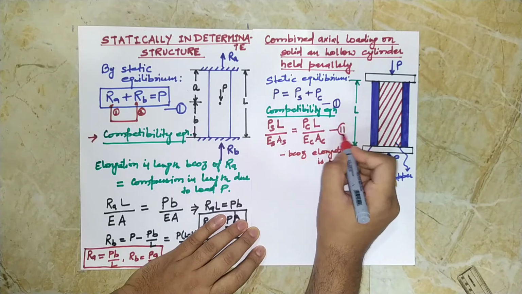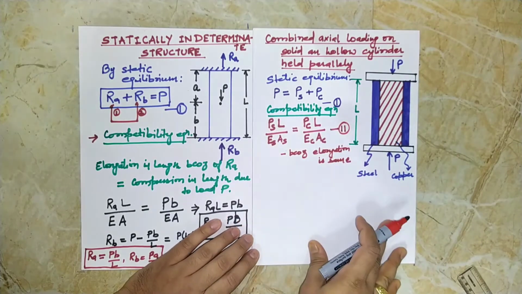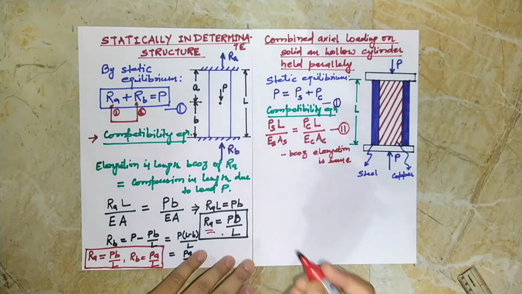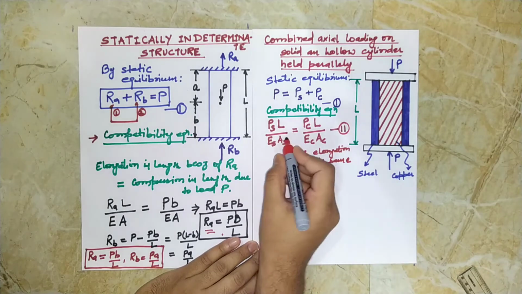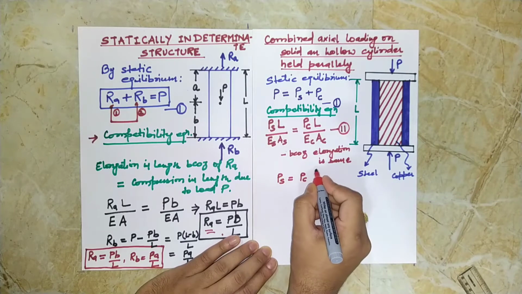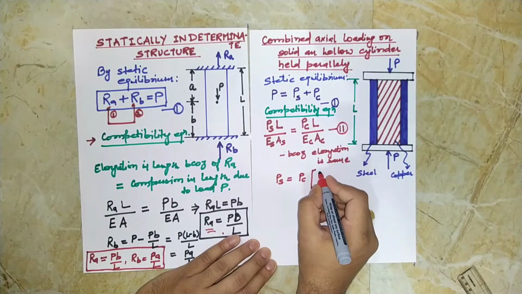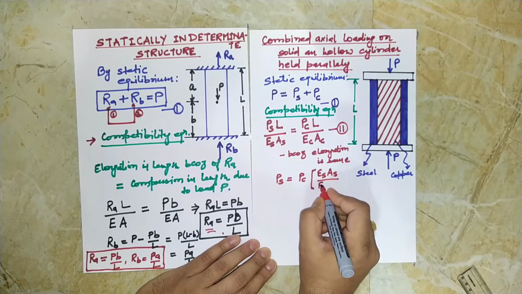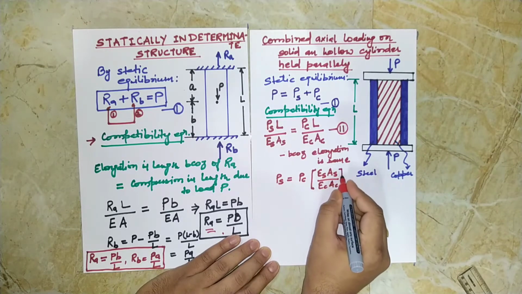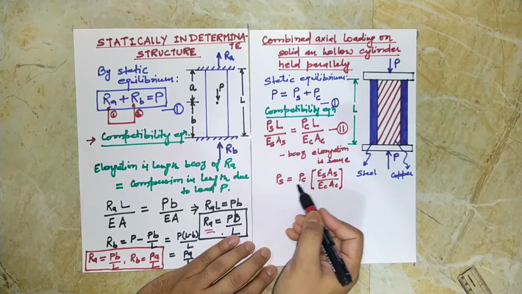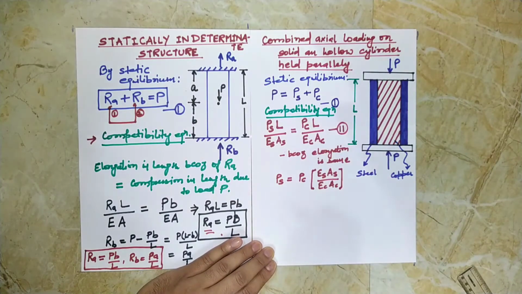Now we can see that we have two unknowns, PS and PC, and we have two equations. We can easily solve it. So I'll show you how to solve it. From this equation we can write PS is equal to PC into ES AS by EC AC. Now since we have got an equation in which we can write PS in terms of PC, we can substitute in this equation.